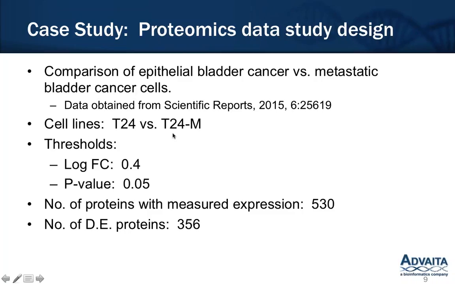T24M is a metastatic bladder cancer cell line, which was derived from T24, so it was a syngeneic study. And after choosing the log fold change threshold of 0.4 and p-value of 0.05, I was left with 356 differentially expressed proteins out of a total of 530 proteins that were measured in this study. And I obtained all of this information from the supplemental data published in this paper.